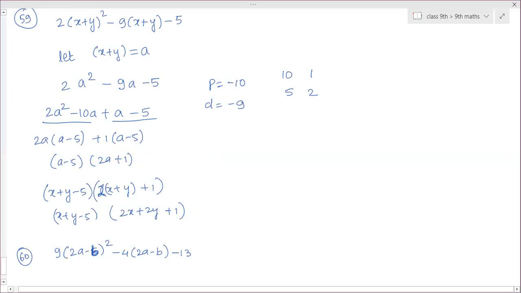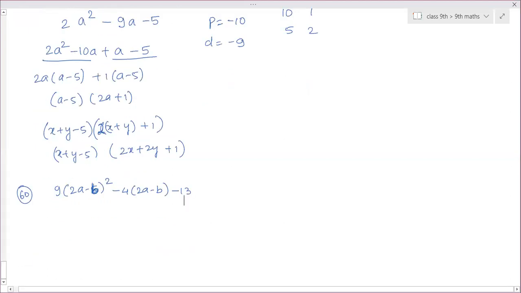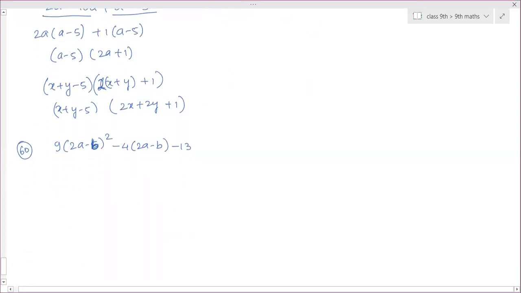So here what we have to consider. For 2a minus b, here a and b are there, so we consider this as x. So 9x square minus 4x minus 13. 9 into 13, the product needed is 9 into minus 13, that is minus 117. 9 and 13 is the product, the difference needed.